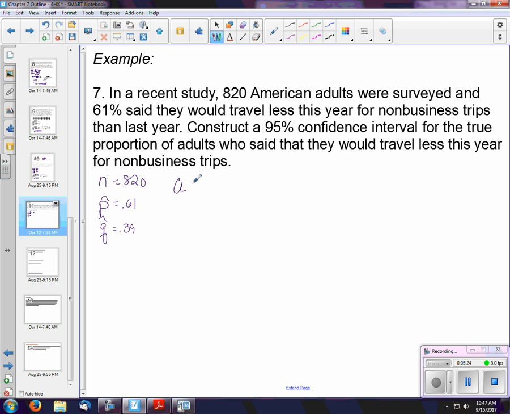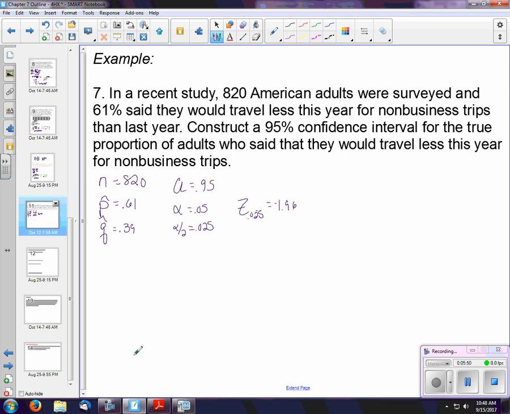Construct a 95% confidence interval. So alpha is 0.05. Alpha over 2 is 0.025. You'll notice we use a lot of the same numbers pretty repetitively. And that means if you look it up on the table or if you use the inverse norm function, your z-score is equal to 1.96 or negative 1.96.